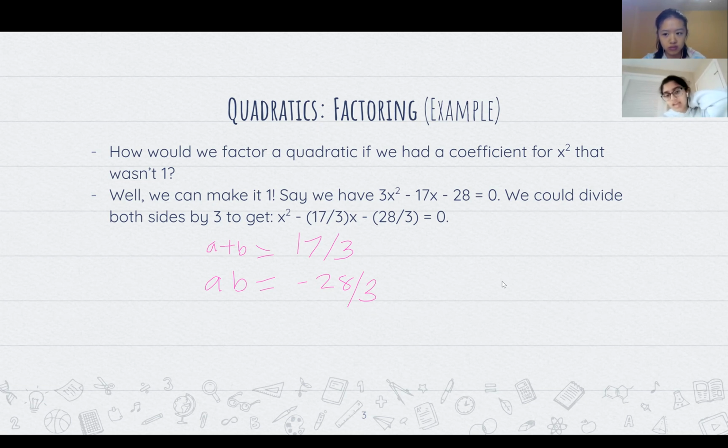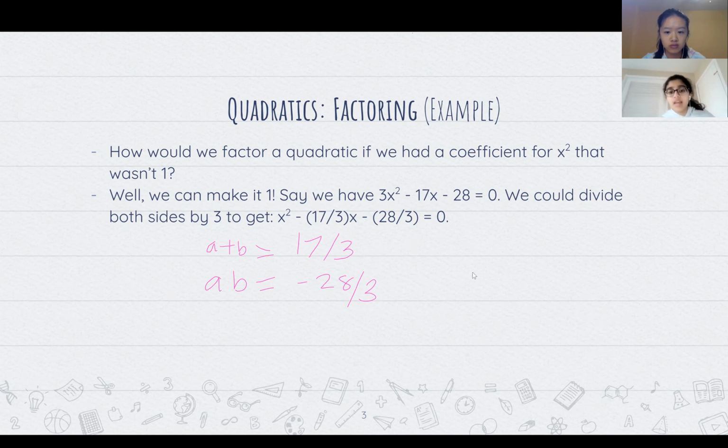So we know that the product is negative, so one of the numbers has to be negative. And since the sum of the factors is positive, the greater of the factors is positive. So whichever one has the greater absolute value is positive.